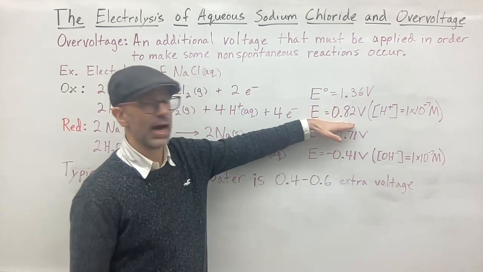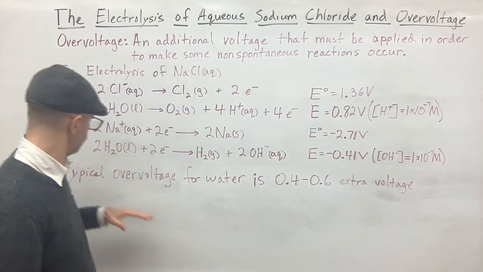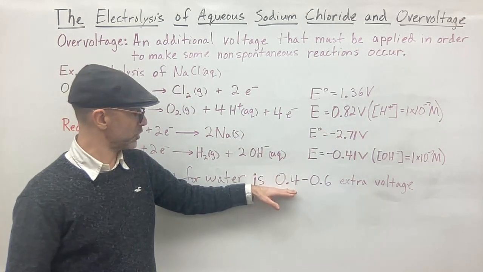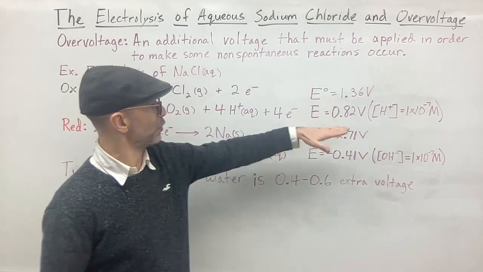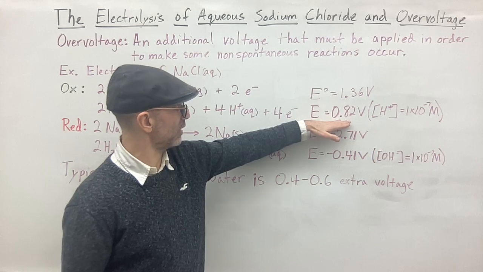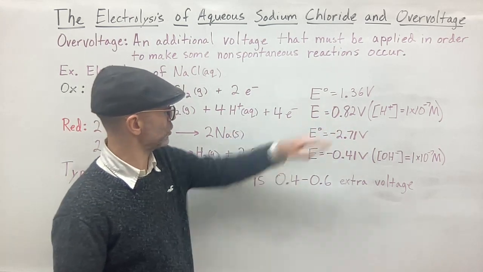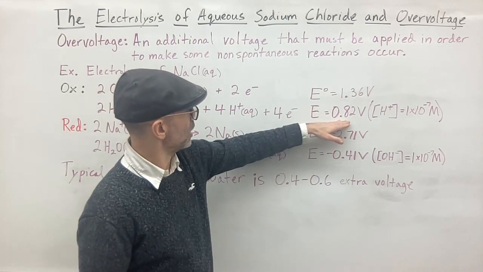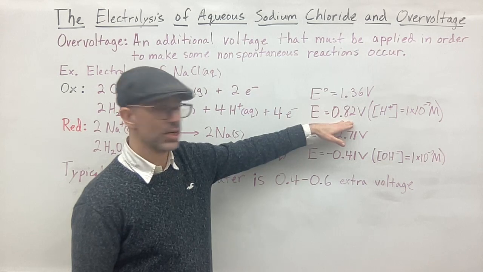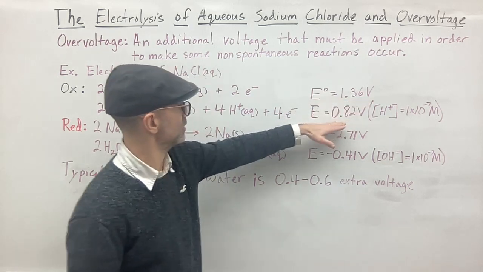For the oxidation, the overvoltage of water is typically between 0.4 and 0.6 extra volts. Let's say 0.4. If we add 0.4 to this, that becomes 1.22 volts, which would be less than the positive 1.36.